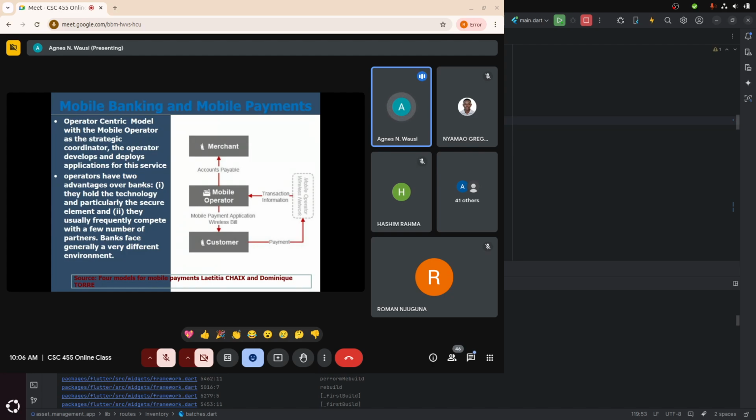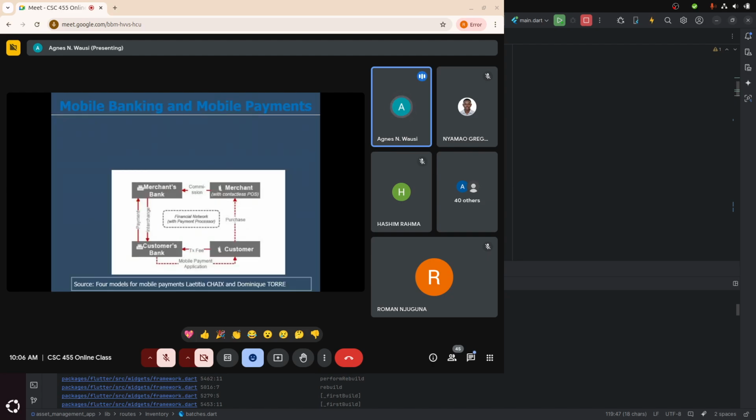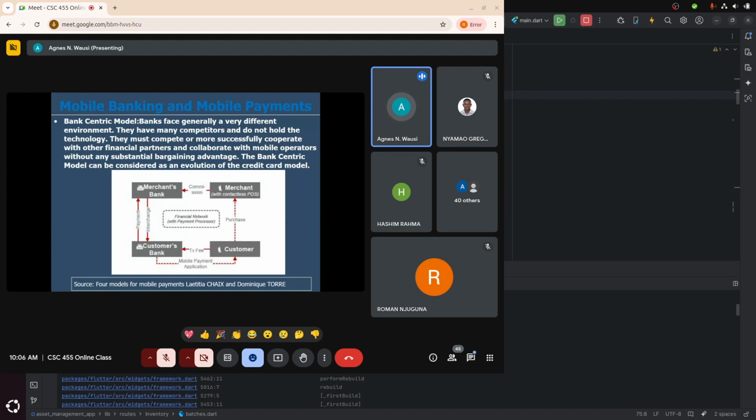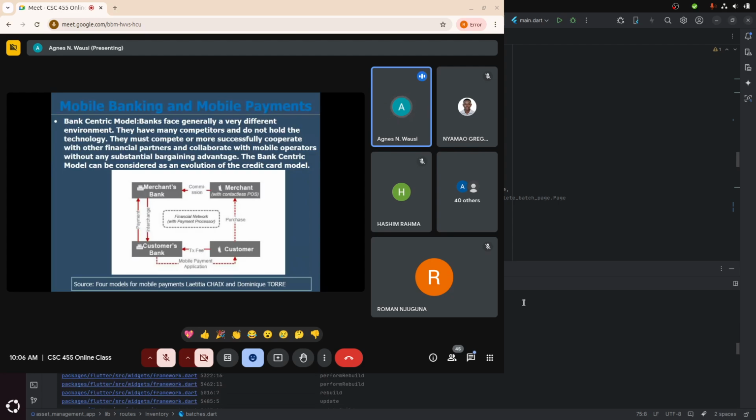Great. So you find that even the competitors are not as many if you compare the number of banks vis-a-vis the number of mobile money operators. So that's what the operator-centric model looks like. Then when it is bank-centric, they have a different environment. Of course, their legal framework and all those other things are different.